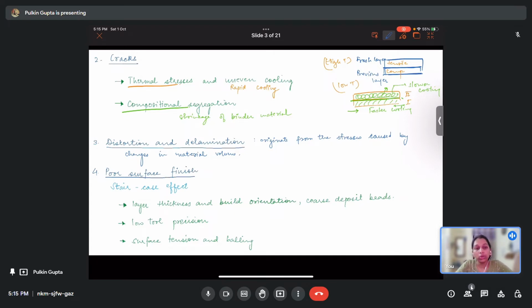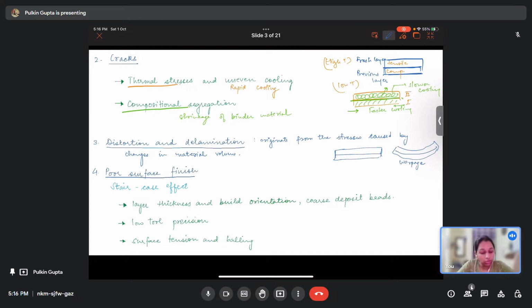Because of the difference in cooling and heating rates in these laminated structures, like I explained before, when one layer cools faster and the other cools at a slower rate, it can turn into a bent shape. It can bend like this. This is warpage. They can even delaminate from each other, that is, the interface can break from somewhere in between.